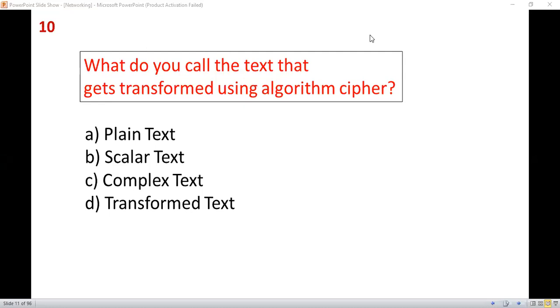Okay, right. The answer for this question will be plain text. The plain text gets transformed, and after that we can convert it into cipher text. When we encrypt plain text, it becomes cipher text.